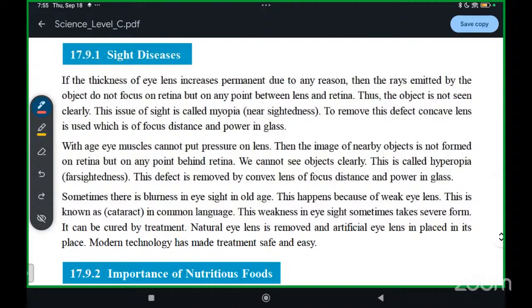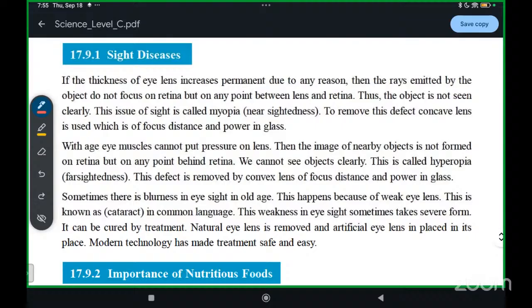Okay, now we will talk about sight diseases today. What are the sight diseases? They are some issues with the eye which don't allow us to see properly. If the thickness of the eye lens increases permanently due to any reason, then the rays emitted by an object do not focus on the retina but on a point between the lens and retina.